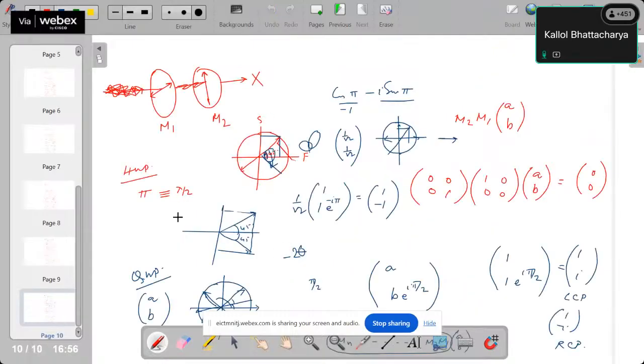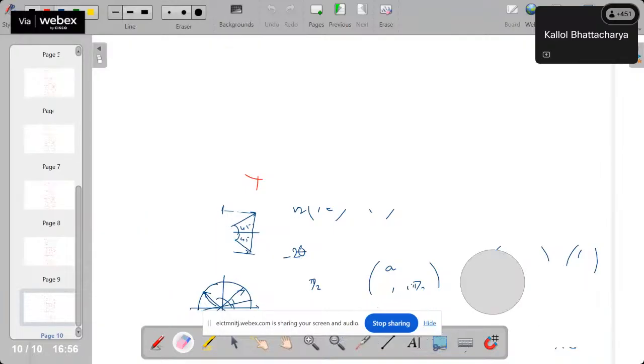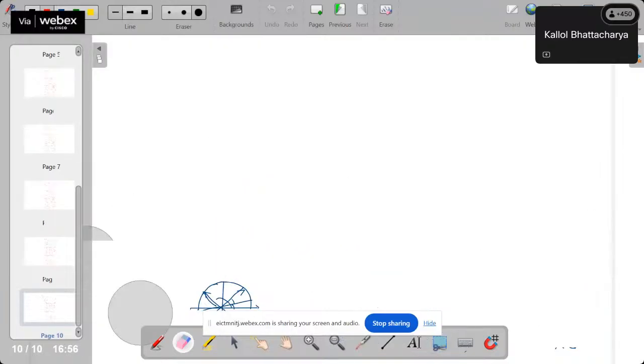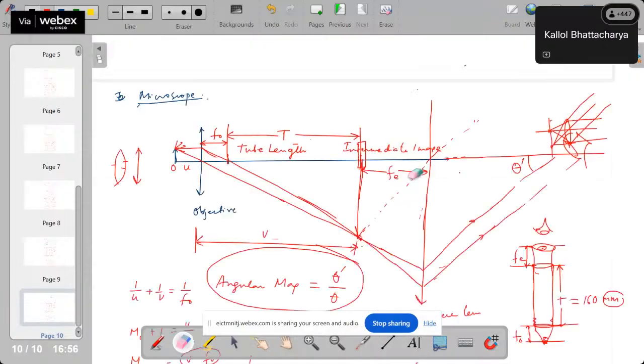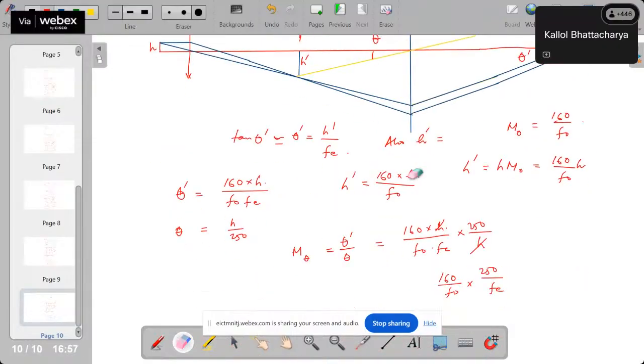This 160 by FO, again, bear with me for a minute. This we know, 160 is the tube length. So this is the magnification of the objective.